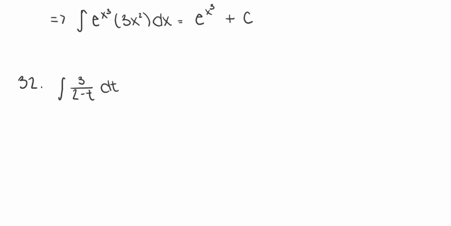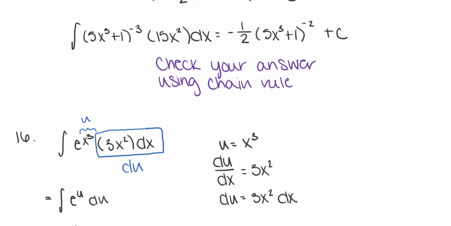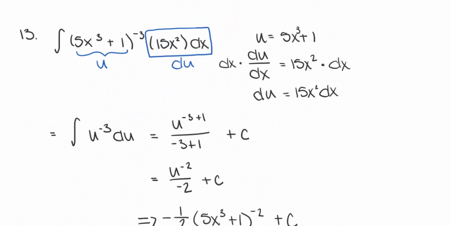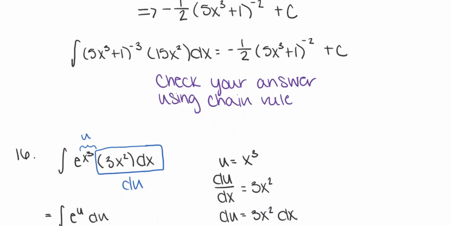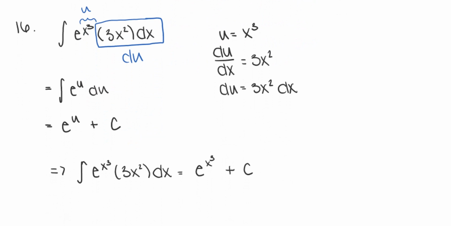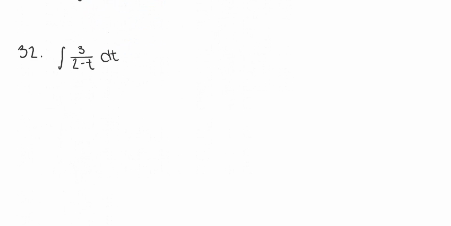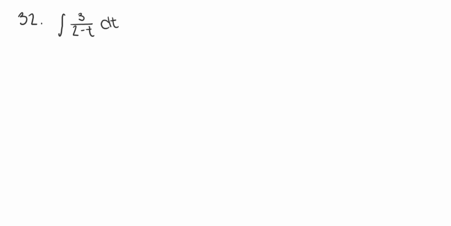Okay, so far we've looked at setting u equal to whatever is in the exponent, like within a power here, like with -3, whatever was inside of that. We also looked at setting u equal to the exponent for e. Now we can look at where we want to set u as the denominator. So those are the three things to look for, whether you have a power, the exponent, or the denominator. Those are the big three.